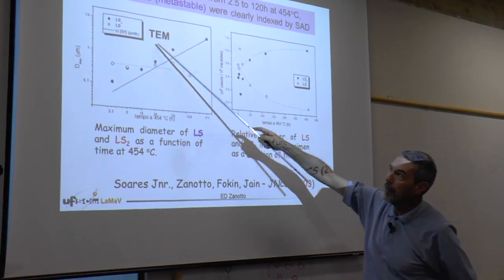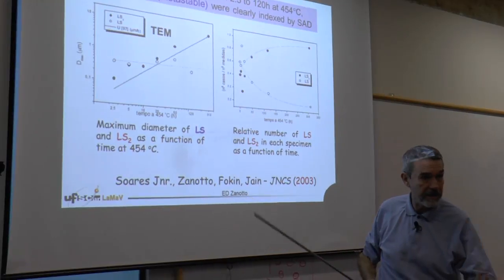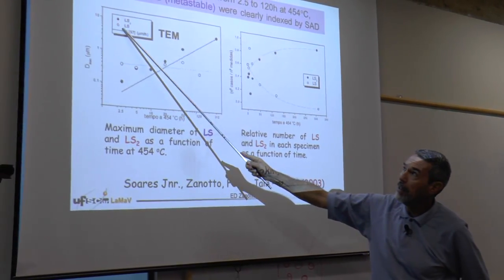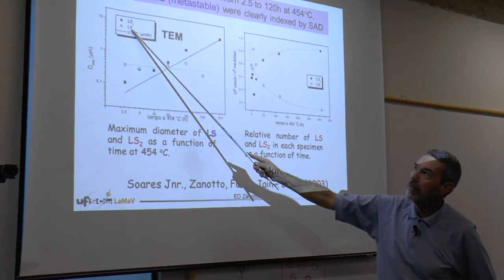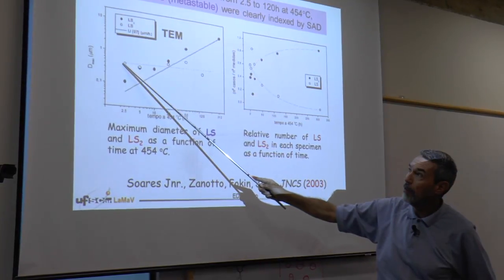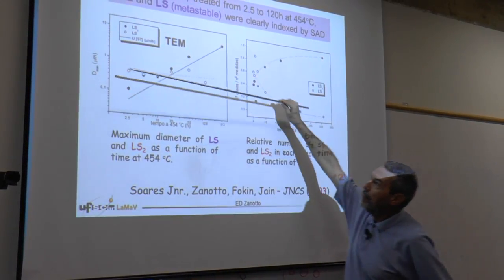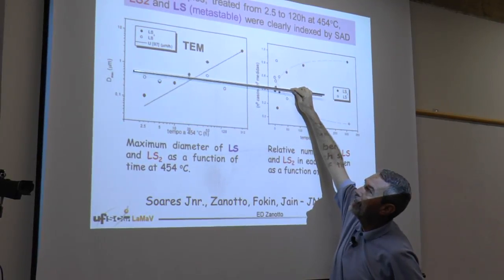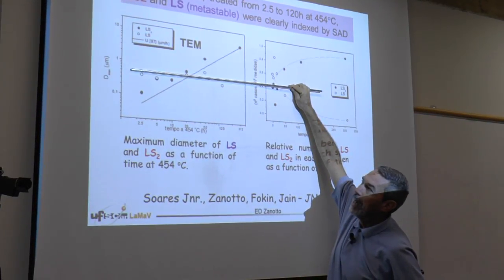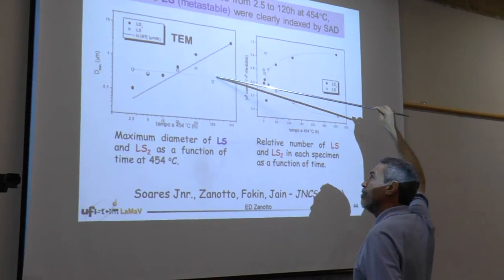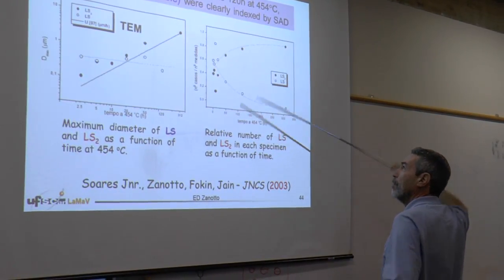But at the same time, in the same samples, we had lithium metasilicate, LS, the white dots. And the lithium metasilicate particles did not grow. Actually, they dissolve back for long times. Look here.